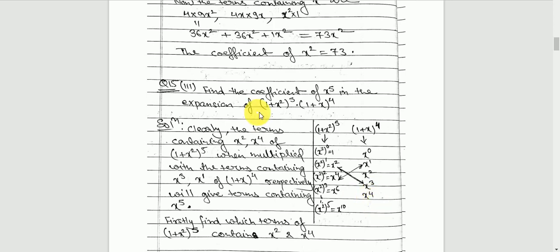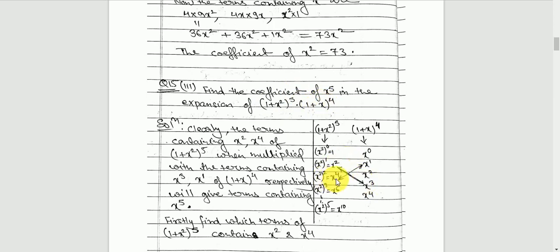Okay, but we are looking for the coefficient of x to the power 5, and that we will get after multiplying one term from here and one term from here. So you can see that if x squared from this expression multiplies to x cube from this expression, then I can get x to the power 5.